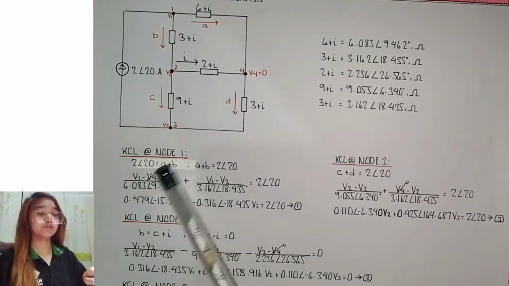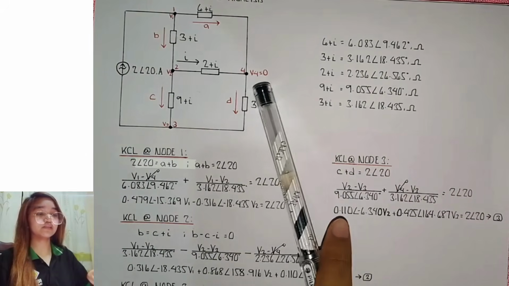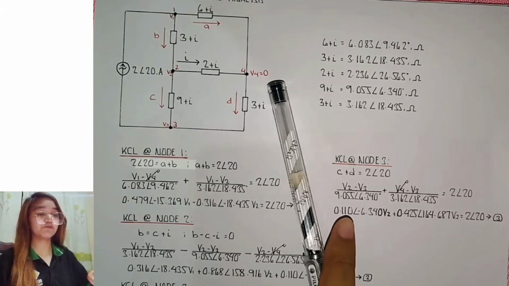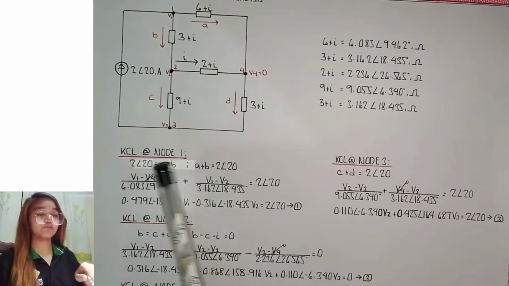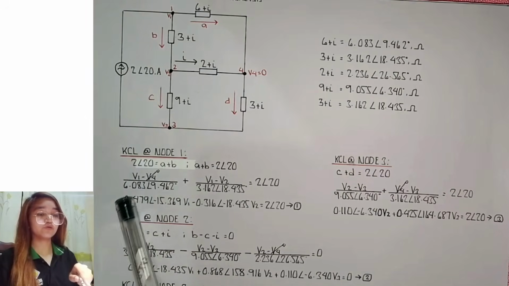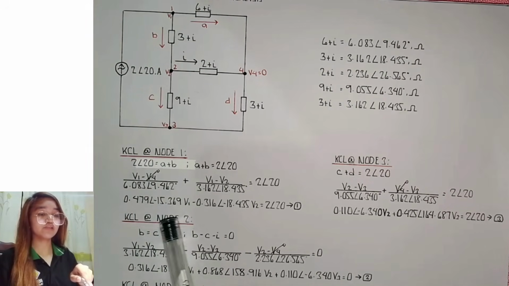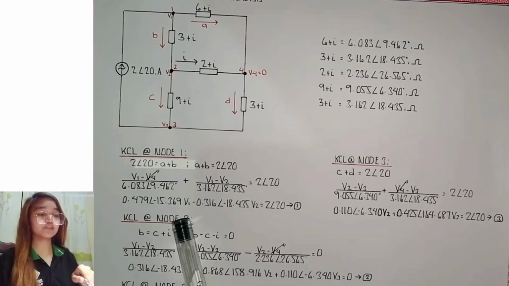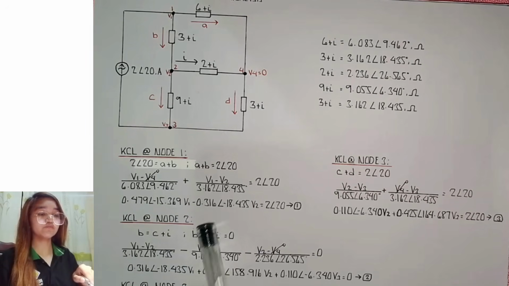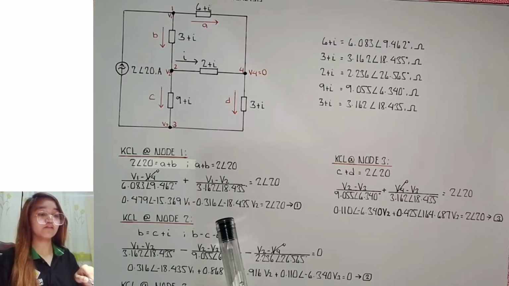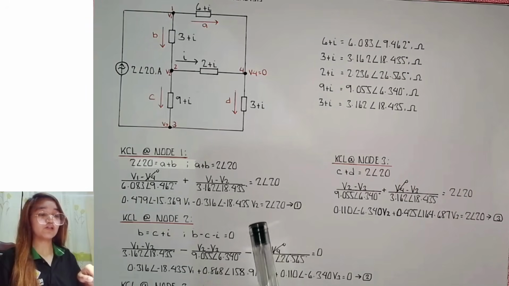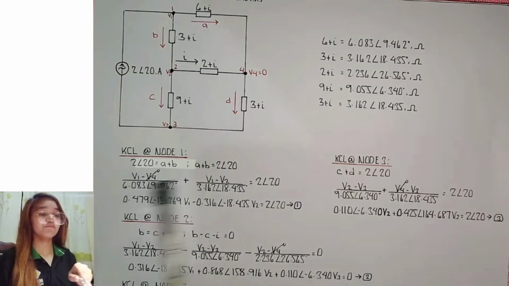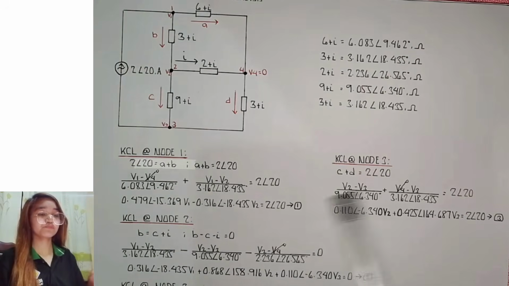So here we will cancel the V4 since it is already 0. So we will compute in the calculator. So our equation is 0.479 angle negative 15.369 V1 minus 0.316 angle negative 18.435 V2 is equal to 2 angle 20. So this is the equation 1 now.